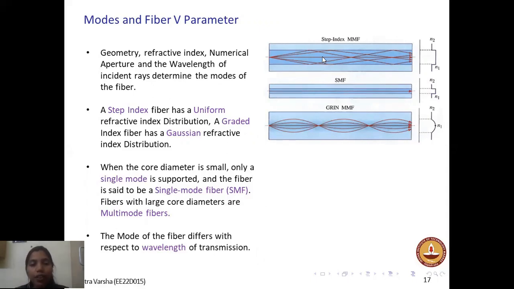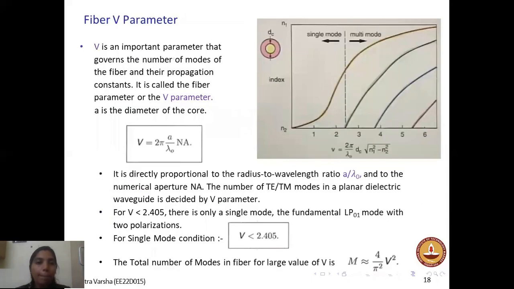If the wavelength changes, whether the fiber is single mode or multimode for a particular fiber also changes. V is an important parameter that governs the number of modes and their propagation constant. It depends upon the core diameter, wavelength, and numerical aperture.